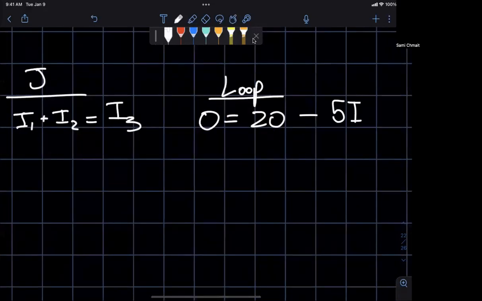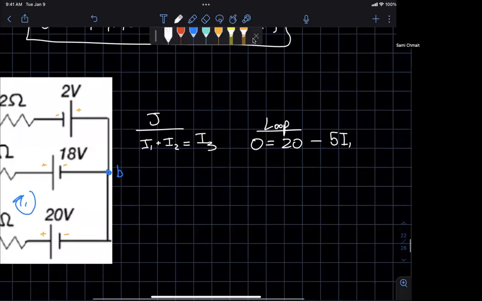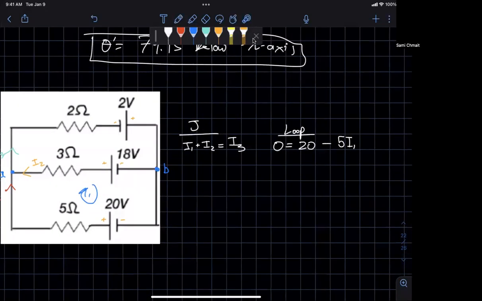-5 I1. And if you have a good eye, the whole thing of this equation is that delta V is equal to 0. What's R times I? That's equal to V. So that's how that whole thing works out. And then we keep moving along. We now hit this position.